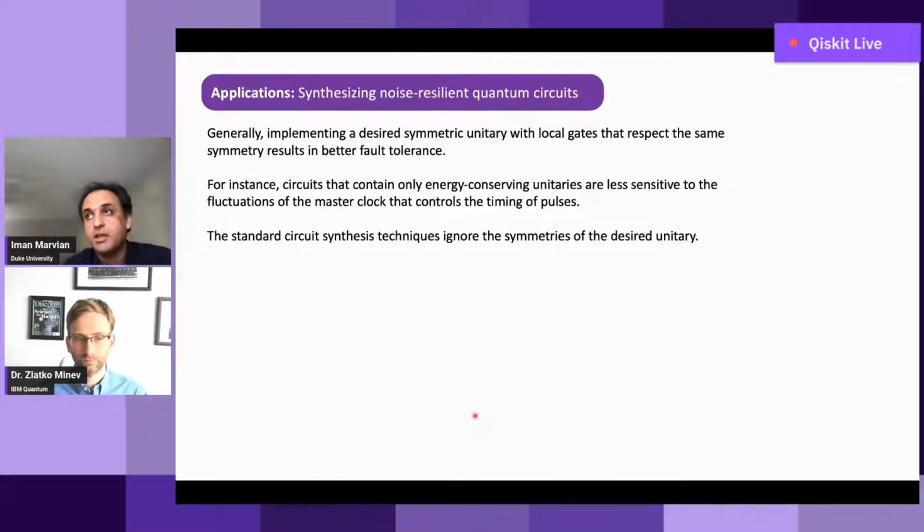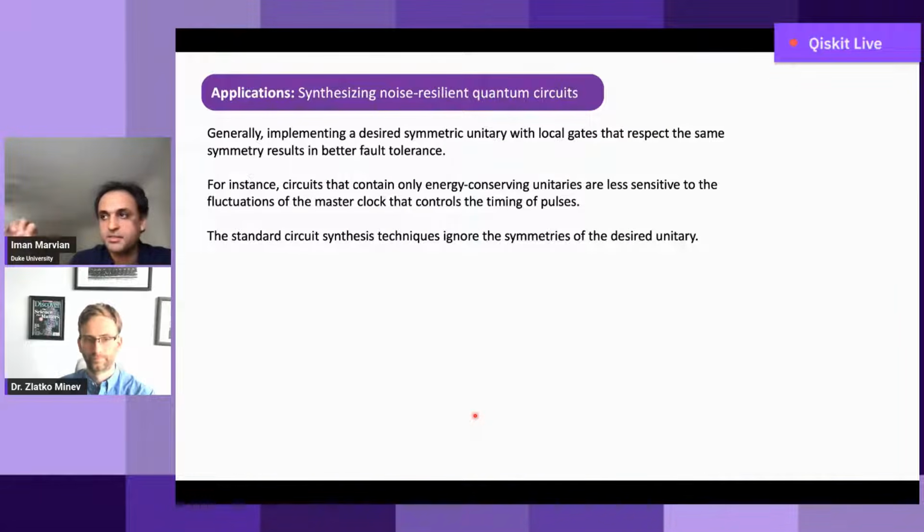For example, unitaries that conserve the intrinsic Hamiltonian of a qubit or a set of qubits are less sensitive to noise that is generated essentially by fluctuations of the master clock that controls the timing of these pulses. For example, just a single qubit rotation around Z is less sensitive to these fluctuations, whereas a Hadamard that doesn't conserve the intrinsic Hamiltonian in Z direction is more sensitive to these fluctuations.